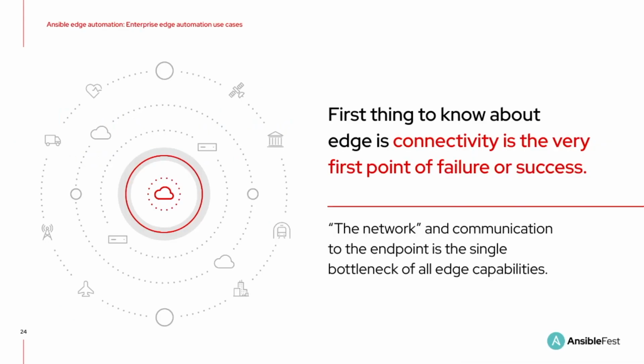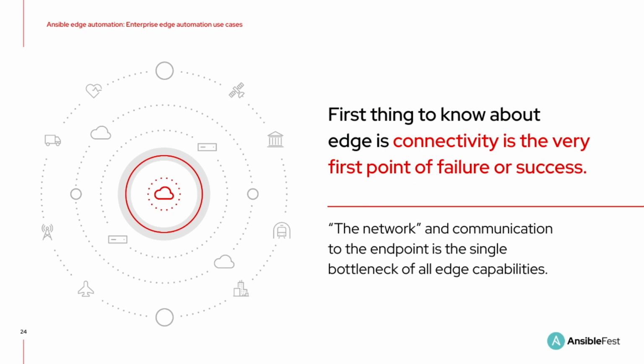So the first thing to know about edge use cases, and I think that applies to everything, is that connectivity is the first point of failure or success. If you are managing a network properly, you have half of the way covered. I'm a network engineer, so for me it's the most precious resource. Your application depends on the network, your security depends on the network, and your business depends on the network, properly done and secured.